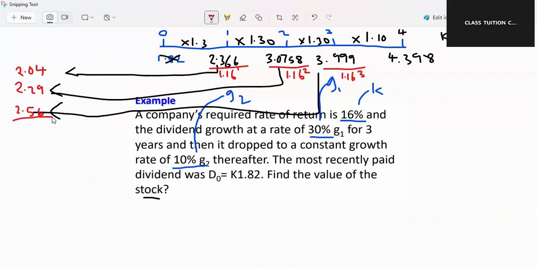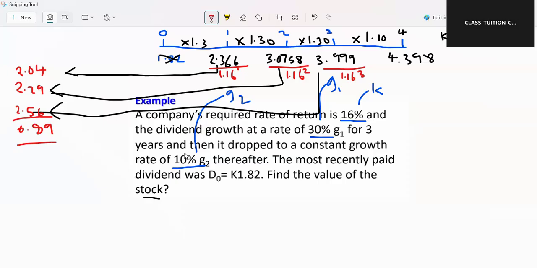Okay, then we add them: 2.04 plus 2.29 plus 2.56. Here you get 6.89. 6.89 is the value of stock for the first phase, year 1 to year 3. All right. So this is how we calculate the value of stock in phase 1.